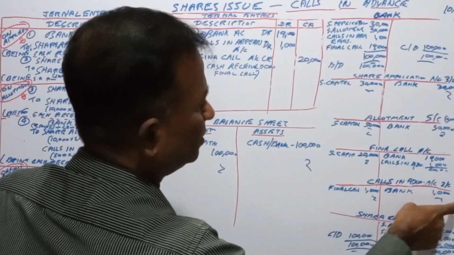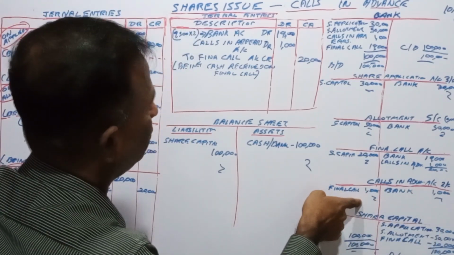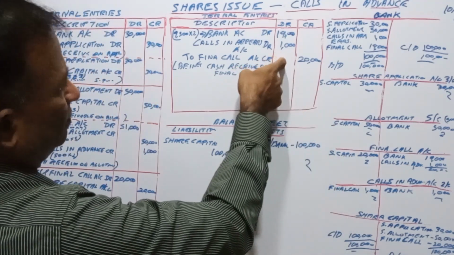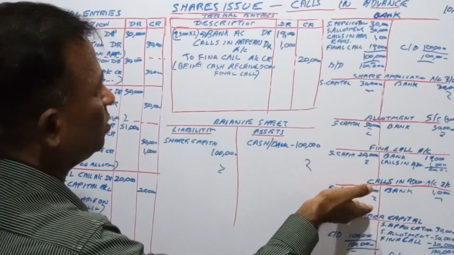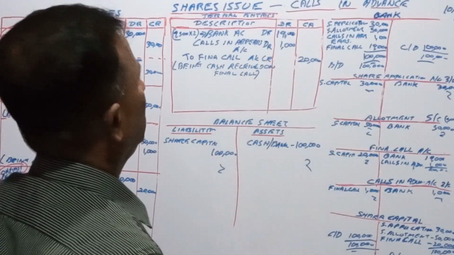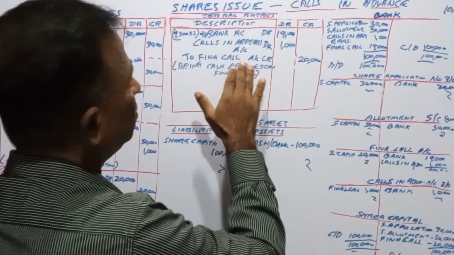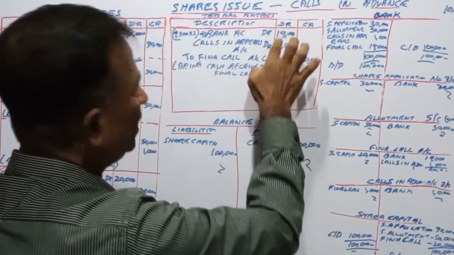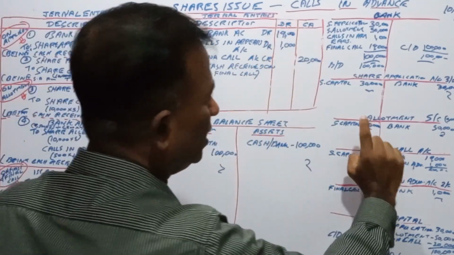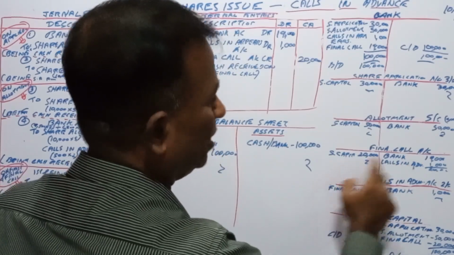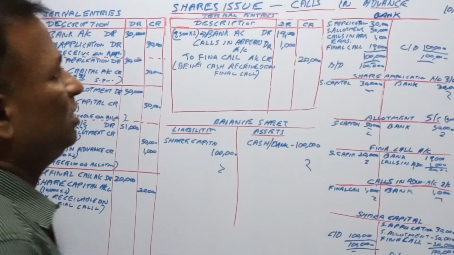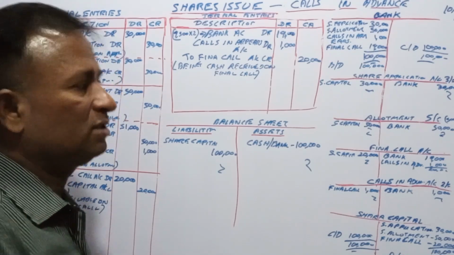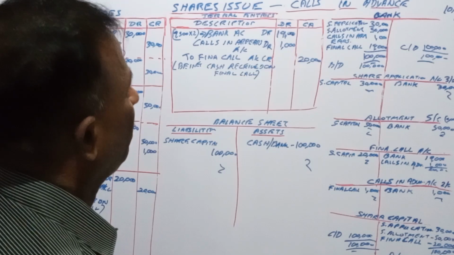So calls in advance, we have to transfer that one. Calls in advance debit 20,000, we have debited to the calls in advance, so it is nil. So to the final call account, it will go together, 19 and 1, 20,000. Final call account 20,000. Understood? This is the double entry for the calls in advance. Okay, understood?